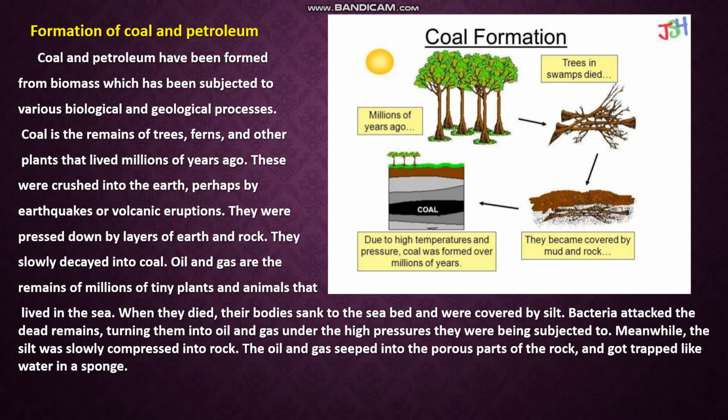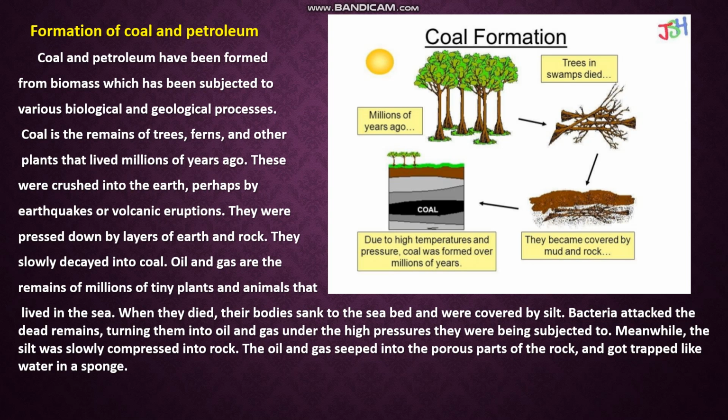Oil and gas are the remains of millions of tiny plants and animals that lived in the sea. In the same way petroleum also formed. Petroleum, natural gas, all these are formed in the same way. So coal, petroleum and natural gas are all the remains of millions of tiny plants and animals that lived in the sea.